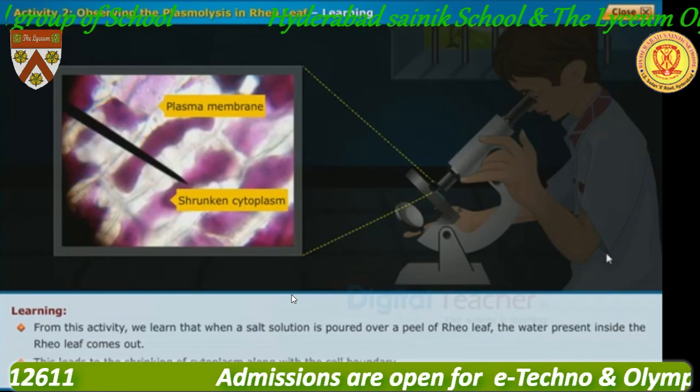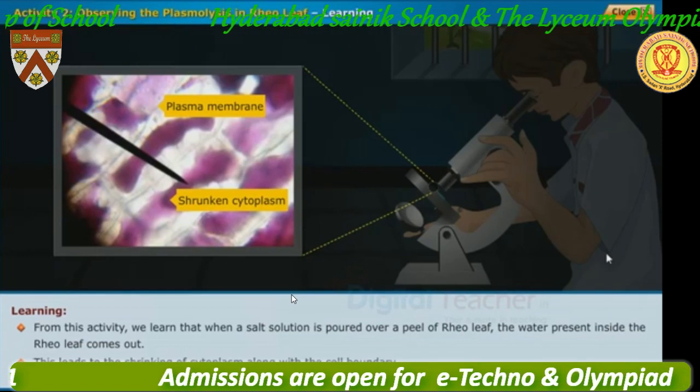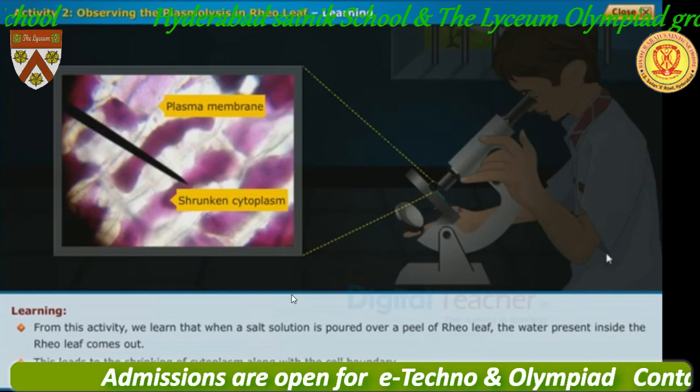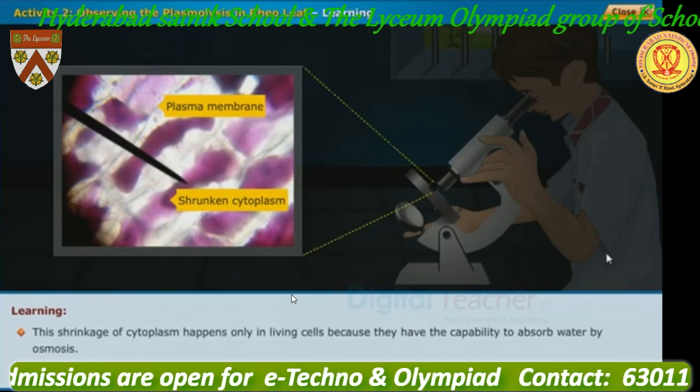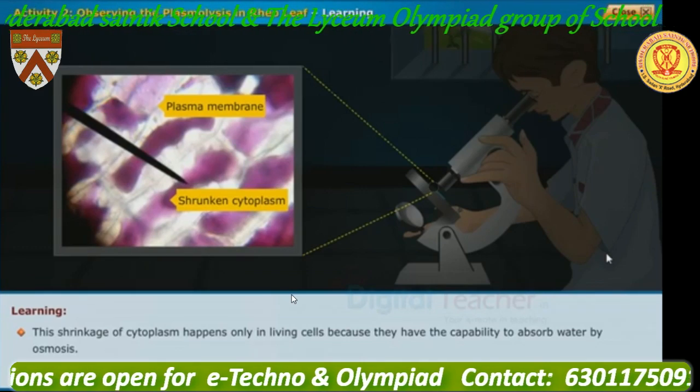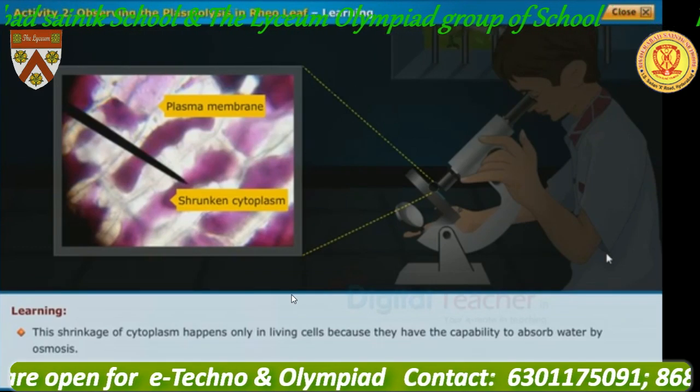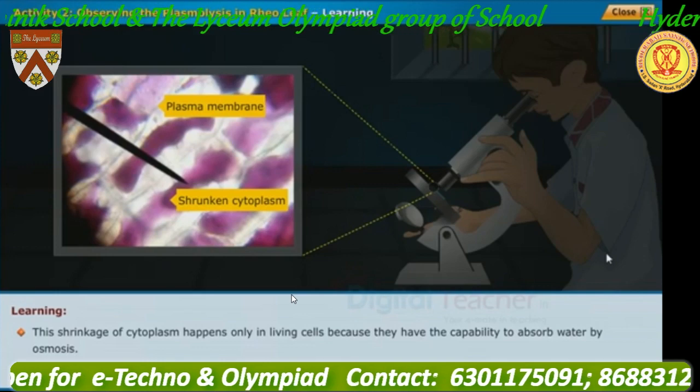This leads to the shrinking of the cytoplasm along with the cell boundary. This shrinkage of cytoplasm happens only in living cells because they have the capability to absorb water by osmosis.